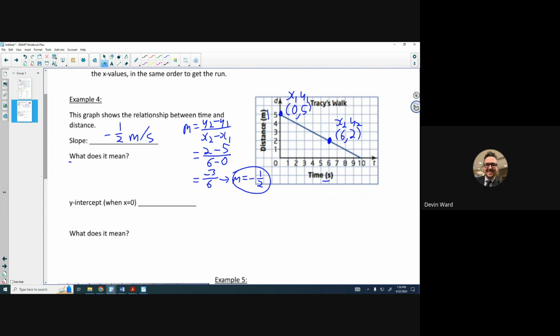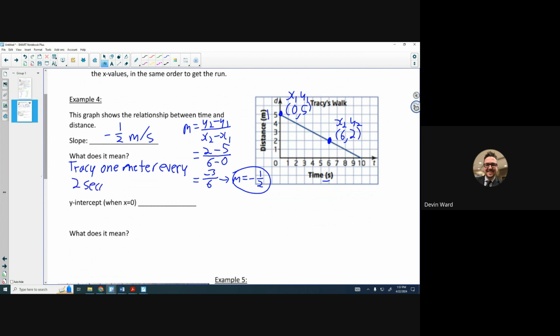This means that Tracy goes negative 1 meter, probably going closer to home, every 2 seconds, because time is my x.